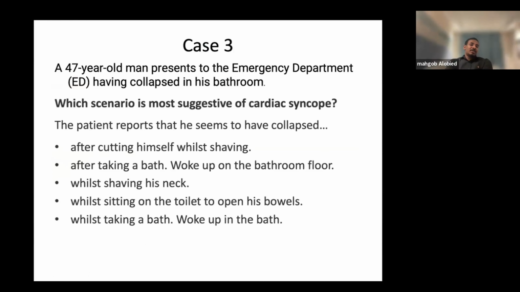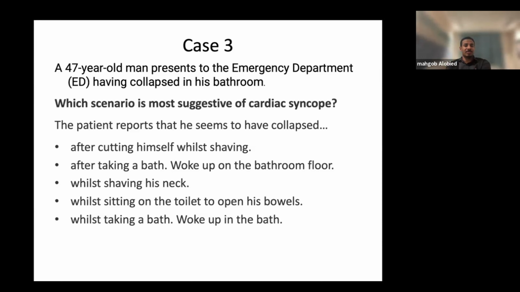In this case, a 47-year-old man presented to the emergency department having collapsed in his bathroom. The question asks, which scenario is most suggestive of cardiac syncope? You are now taking history from the same patient, and you ask him what he was doing at that time.